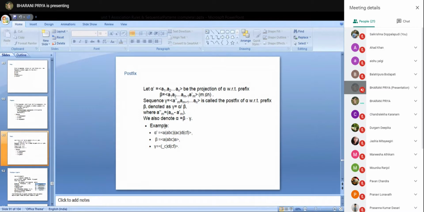See here, your original sequence is alpha dash, and beta is a prefix, A, B, C, A. Remember, when you are considering A, B, C, A as prefix, A is a part of an item set, and C is also a part of the item set.